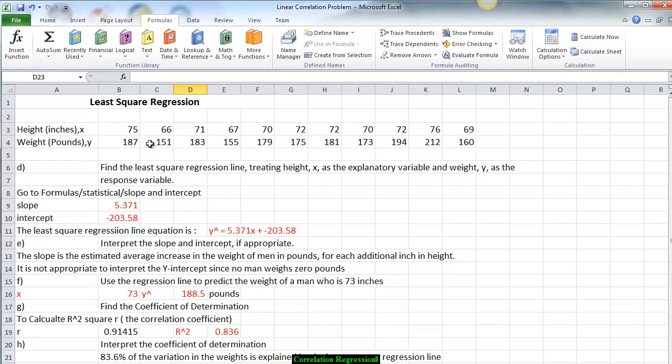There are lurking variables that also might influence these men's weights, and we don't know what they are, but they could be information such as their eating habits or the amount of time that they exercise. But that basically gives us some information about the influence of the explanatory variable on the response variable.